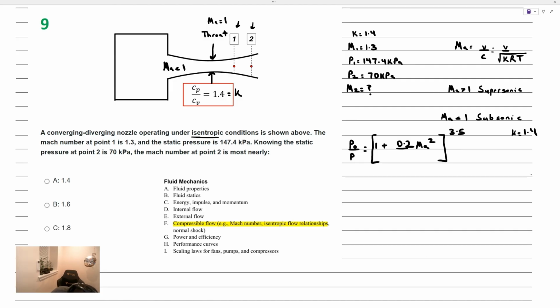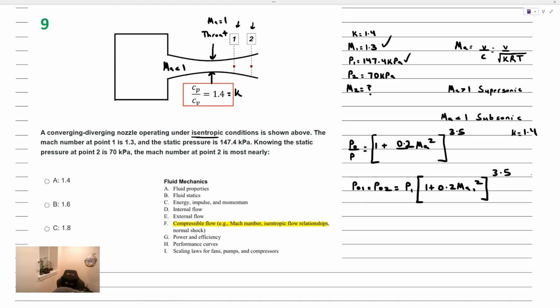We're going to use the initial Mach number that's given, the Mach number at state point 1, and the static pressure at state point 1 to produce the total pressure at state point 1. That's the same thing as the total pressure at state point 2. It's the static pressure at state point 1 multiplied by 1 plus 0.2 times the Mach number at point 1 squared, raised to the 3.5.